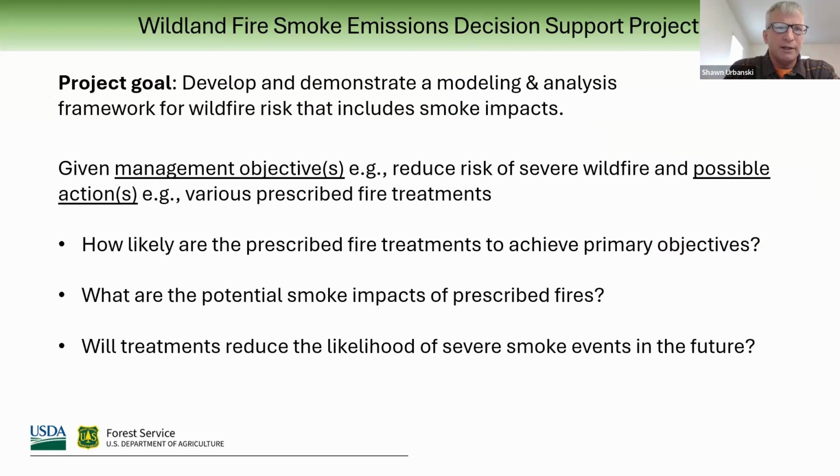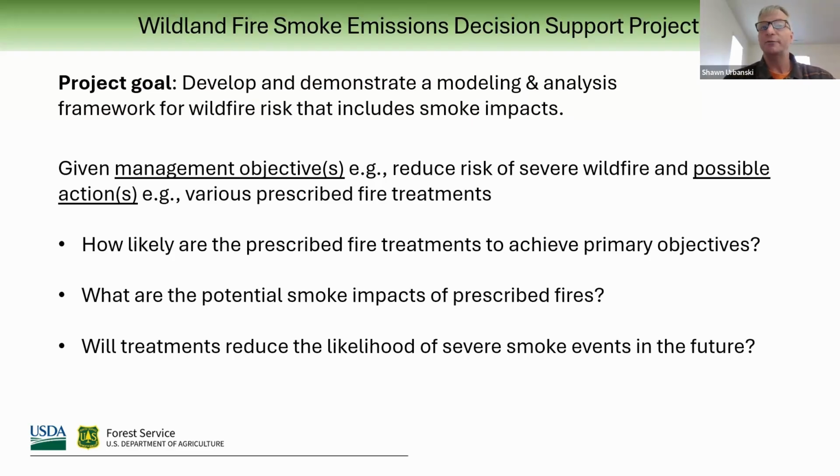Okay, so having laid out the motivation for our project, we haven't really come up with a catchy name for it yet. Feel free to throw one in the chat if you do have one. But the basic idea is, given land management objectives, for instance, reducing risk of severe wildfire to the community, and possible land management actions, let's say they include prescribed fire treatments, our framework should address three primary questions.